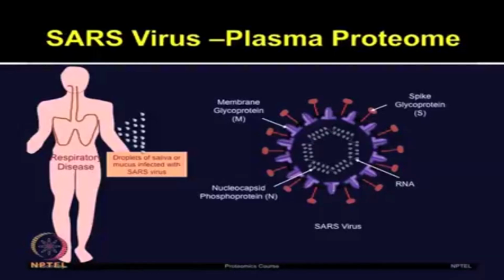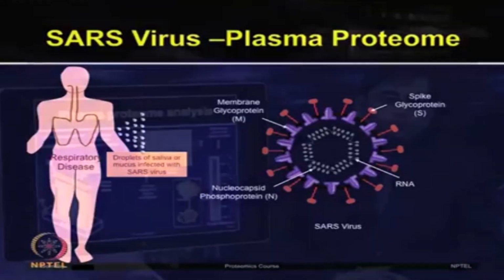Since serum or plasma provide a very valuable sample to identify the targets for diagnostic, prognostic and therapeutics, authors used plasma sample for the analysis of proteomic alteration in the SARS patients.